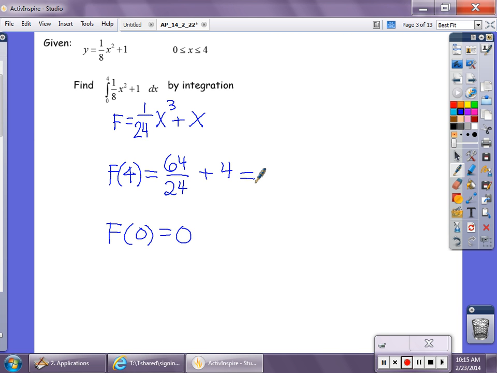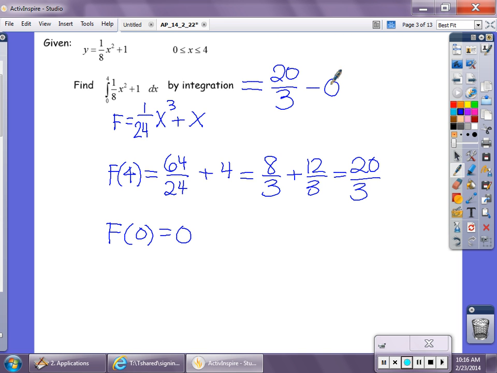So we end up with 8 thirds plus 12 thirds, so 20 thirds. So the answer to this integral will be 20 over 3 minus 0, f of b minus f of a.